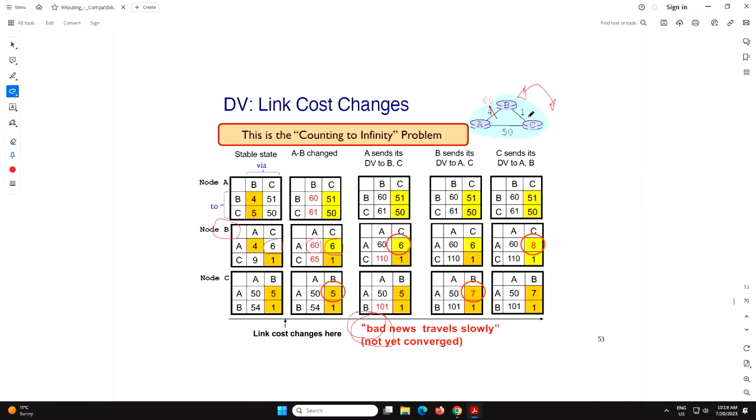So it means that the cost is 8 because I can go to B with 1, 8. So it's advertised as 8. And then B thinks, oh, I can go to A via 8 plus 1, 9. So B advertises this to C, and then C thinks, oh, 9, so it means 9 plus 1, 10. I can go to A at a cost of 9.